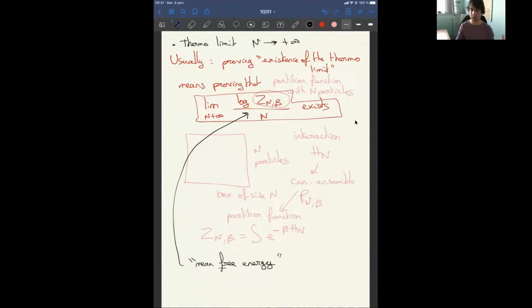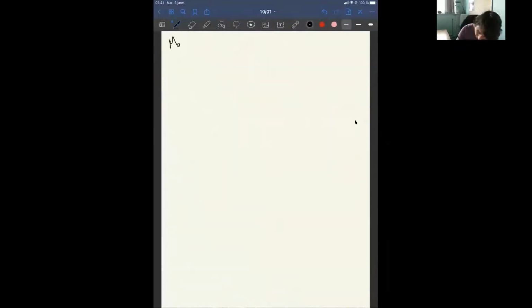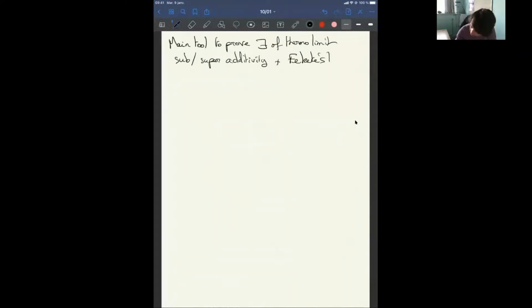And this is actually pretty cute, I think, because the main tool to prove existence of the thermodynamic limit is sub or superadditivity plus what is called Fekete's lemma, which I assume all of you have encountered at some point, right?